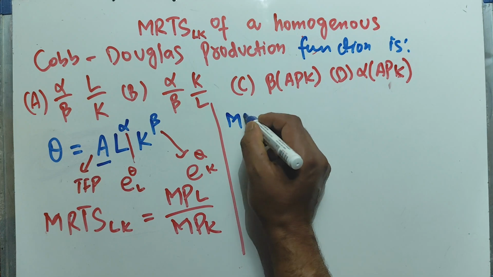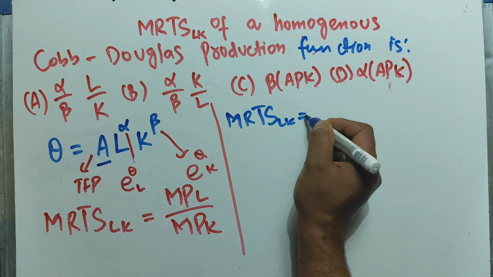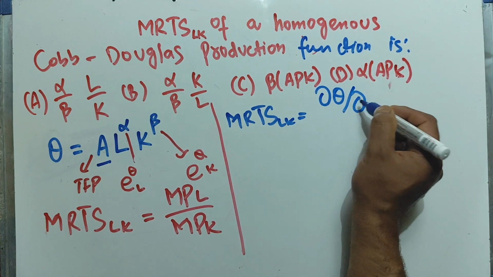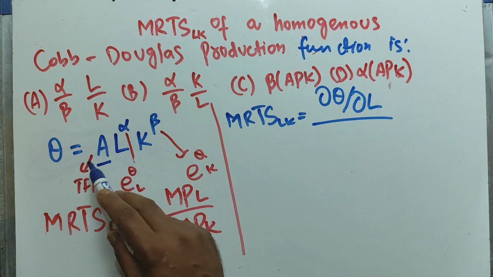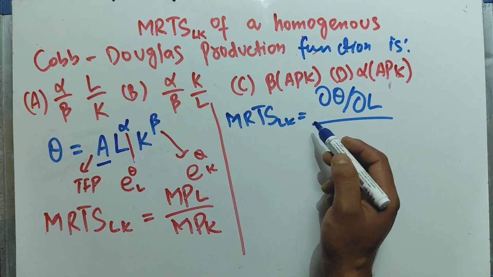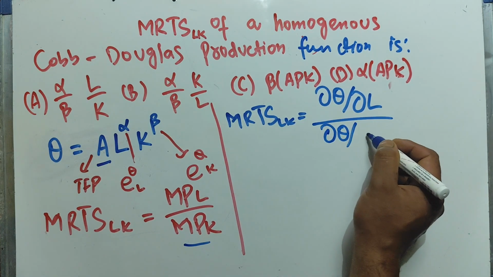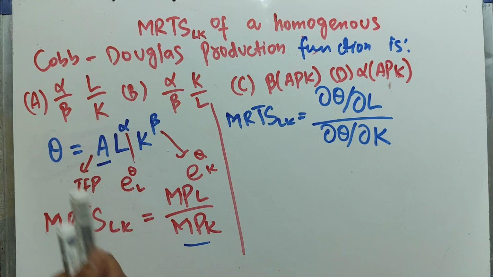So MRTS between labor and capital is equal to marginal product of labor, which is simply the change in the output due to the change in the units of labor employed, the partial derivative of this production function with respect to L. Similarly, the marginal product of capital means the change in the output due to the change in the units of capital employed, which is the partial derivative of the production function with respect to K.